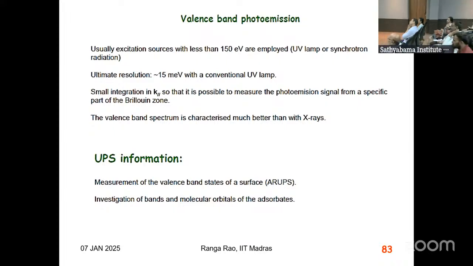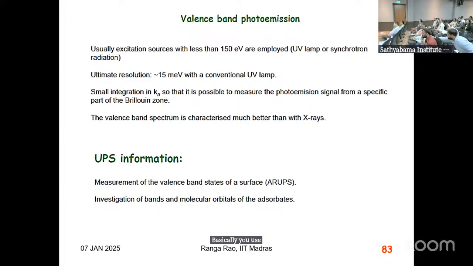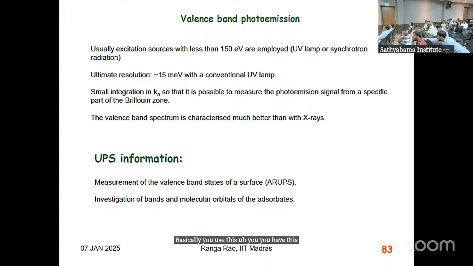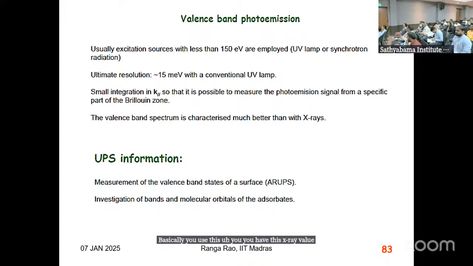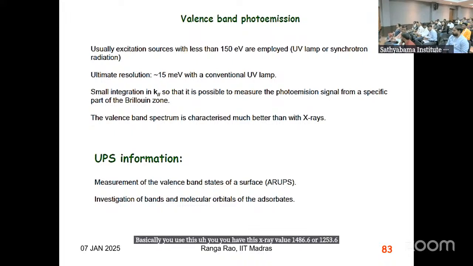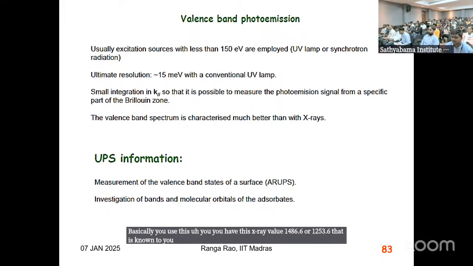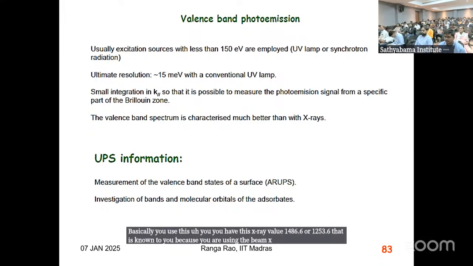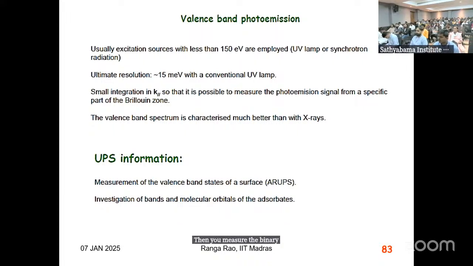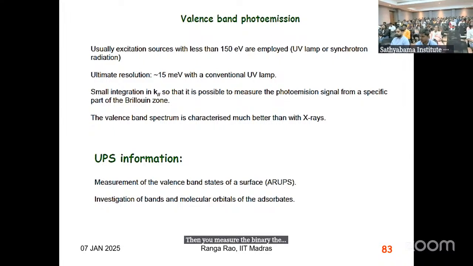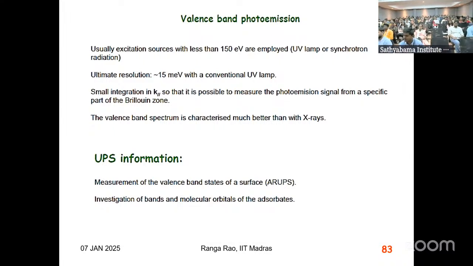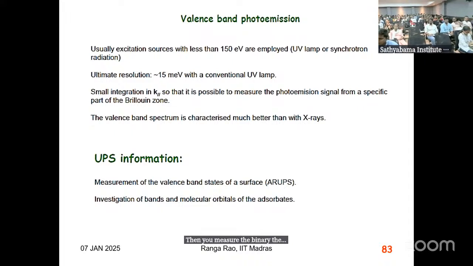Basically you have this X-ray value, 1486.6 or 1253.6 eV, right? That is known to you because you are using the X-ray beam in the spectrometer. Then you measure the kinetic energy of the peak.